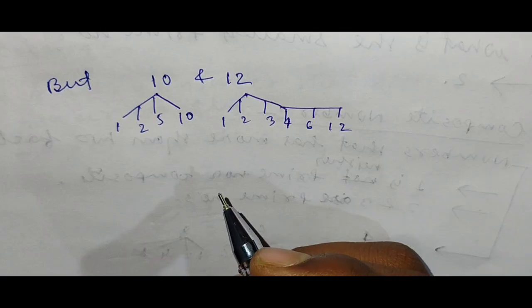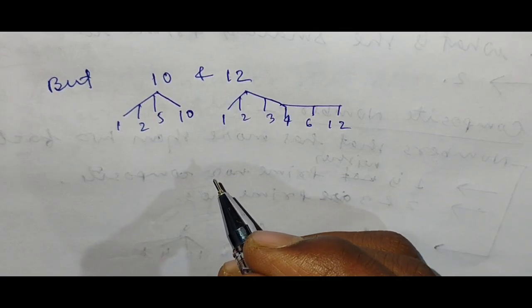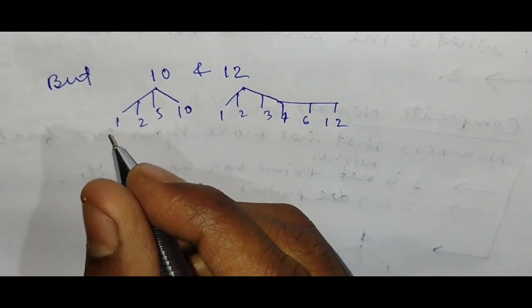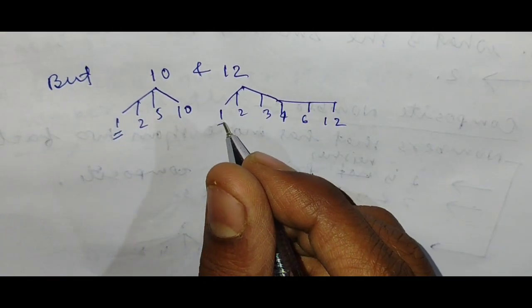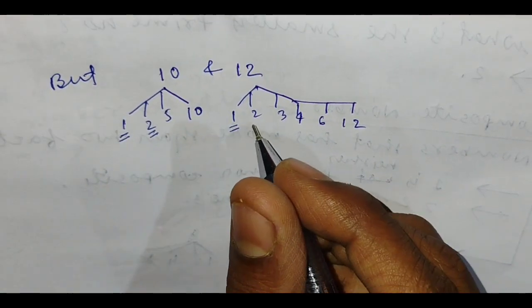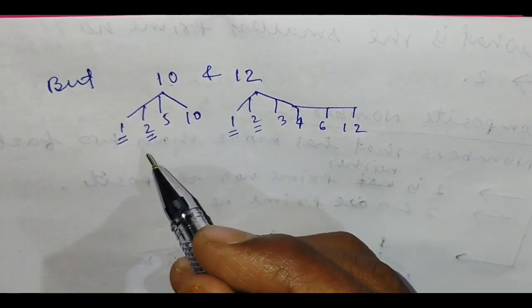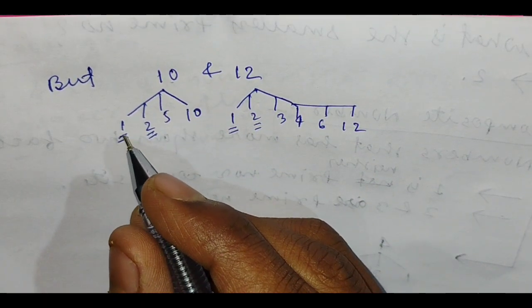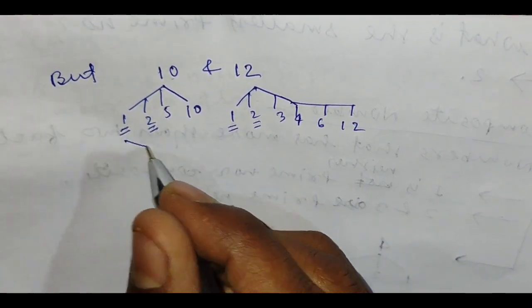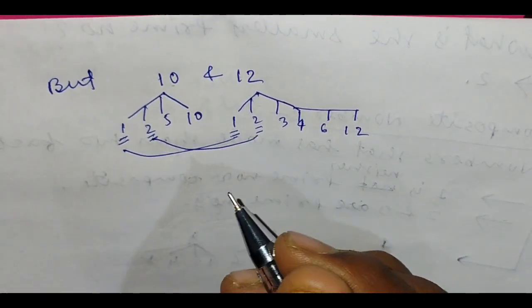So now what are the common factors? If we look properly, we have 1 in both numbers, and factor 2 in both numbers. It means 10 and 12 have two common factors, 1 and 2. 1 is a common factor and 2 is also a common factor.